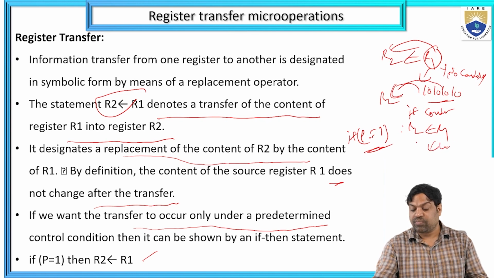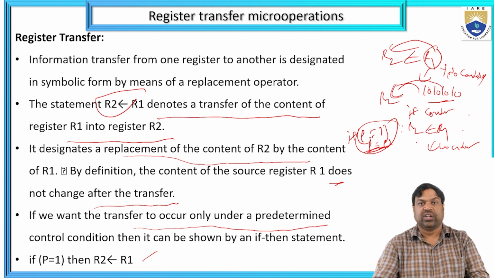R1 will be loading. If P equal to 0, there is no transfer of data from R1 to R2. That is a condition. If required, we can take conditional or unconditional. So if P equal to 1, it is conditional.